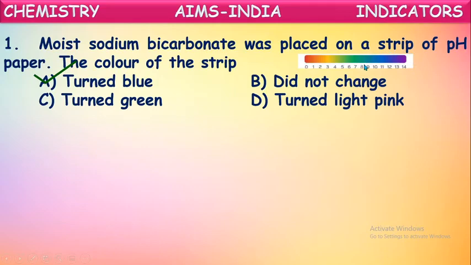If it is an acidic substance, its color will be red. If it is a neutral substance, its pH color will be green. In this way, the pH paper shows different colors with acids and bases. Moist sodium bicarbonate is a basic substance, so the color of the pH paper turns blue.